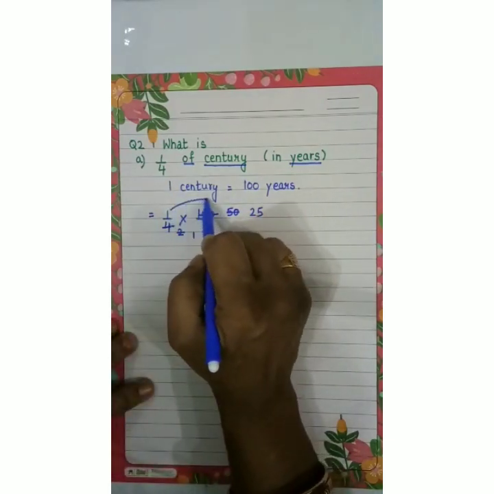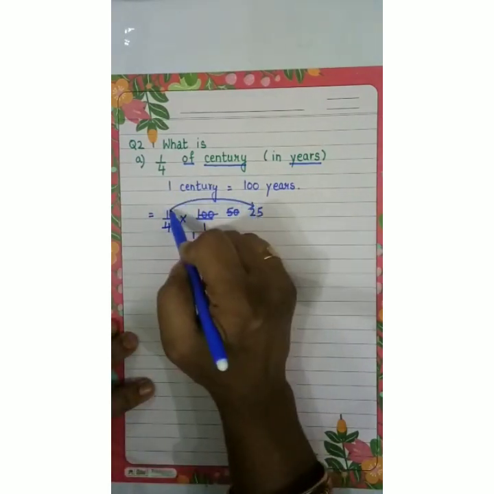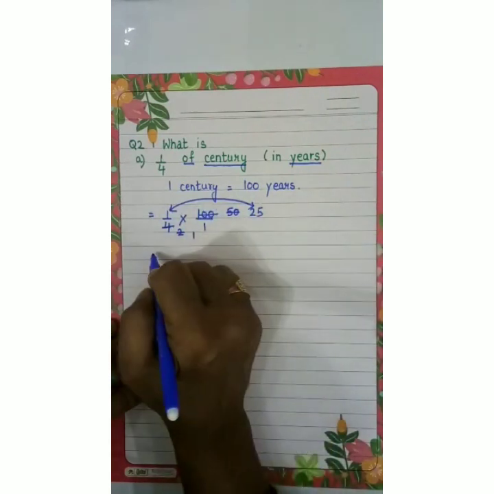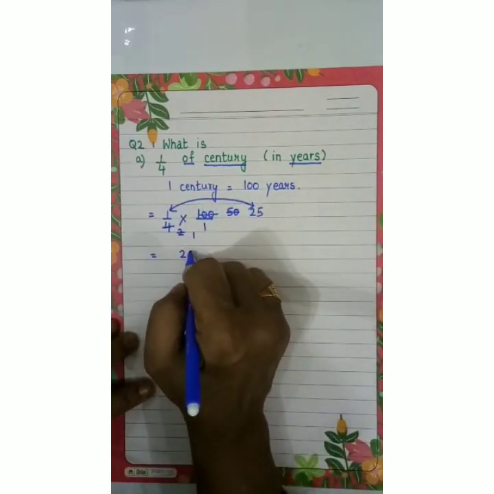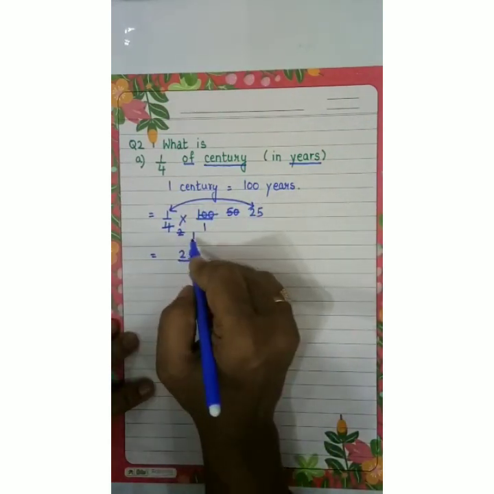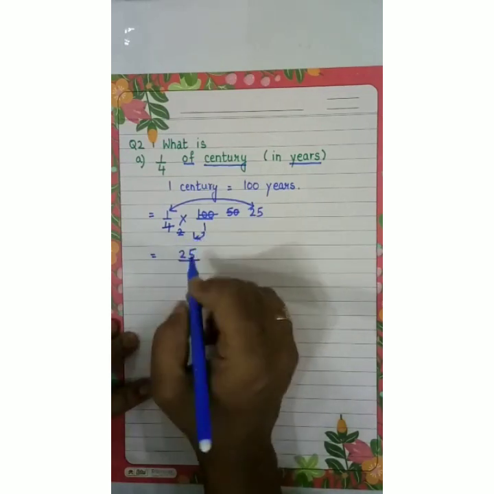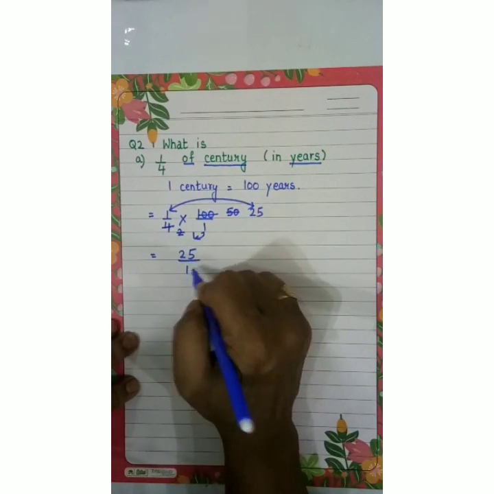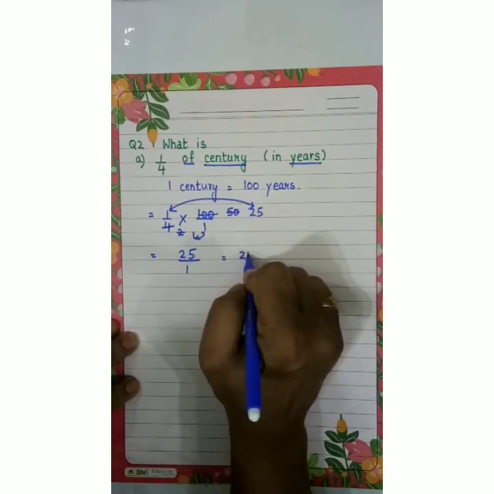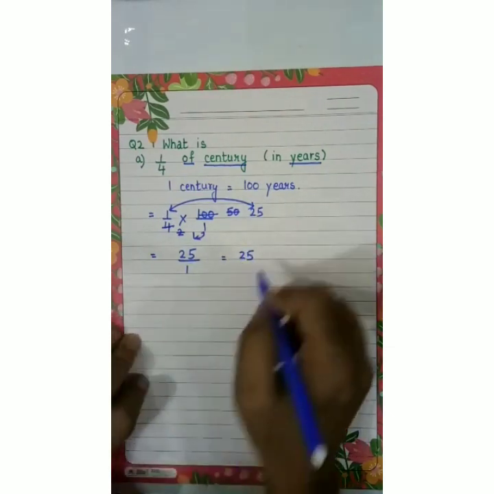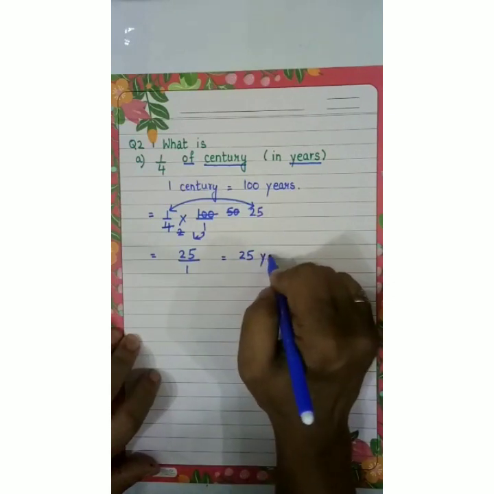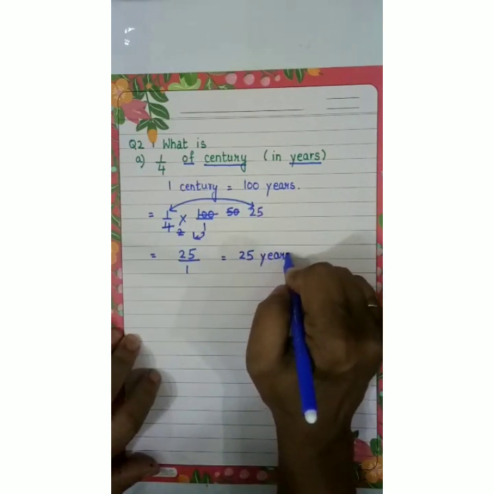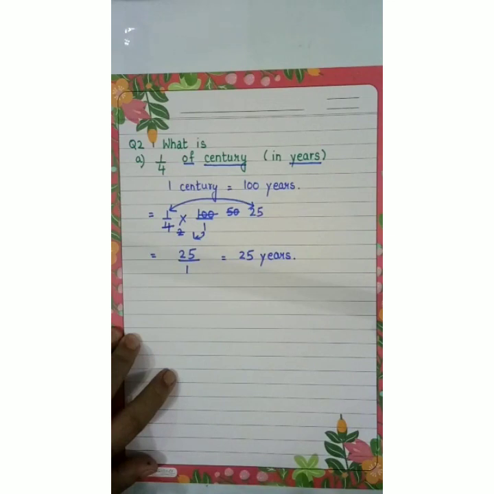The numerators left over here are 1 and 25. So you have to multiply them: 25. The denominators have to be multiplied: 1. Now whether you write down 25 by 1 or you write it down as 25, it is correct. But you have to write down the unit also.